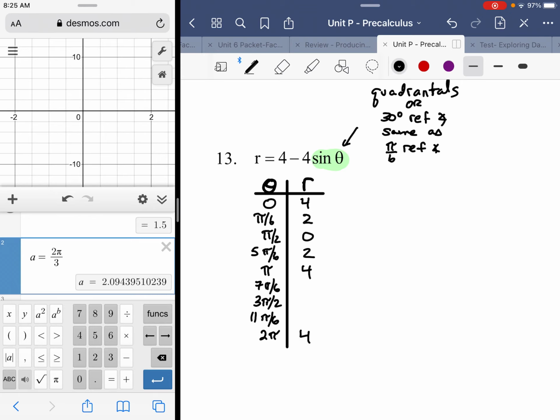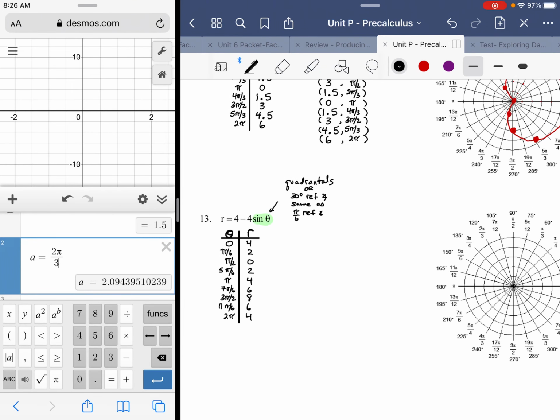Pi gives you 0, so same answer as 0, and that'll actually be the same answer as 2 pi. 7 pi over 6 gives you a negative 1/2, so 4 minus 4 actually becomes, 4 minus 2 becomes 4 plus 2, so 6. All right, because we're taking that negative 4, multiplying it by a negative 1/2, so that becomes a positive 2. And that's going to be the same thing for 11 pi over 6. 3 pi over 2 is a negative 1. Negative 4 times negative 1 is 4. 4 plus 4 is 8.